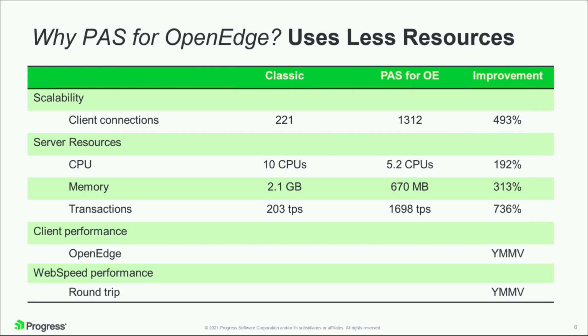So the very top line there is scalability. On a single machine, the same machine, we could run 221 client connections at the same time using Classic. With PASOE, we were able to run 1,300. And that's just because the multi-session agent uses less resources, and the whole package uses less resources.